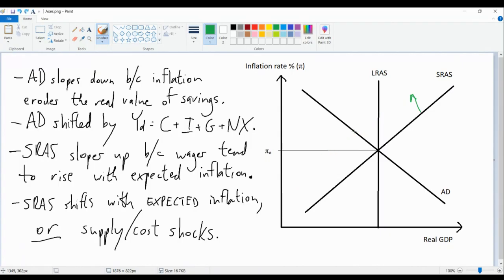So this is a review of how this whole model is put together. What we're going to do today is go through different scenarios to understand, first of all, how the model works, and second, given that we understand how the model works, what the Fed should do in different circumstances.